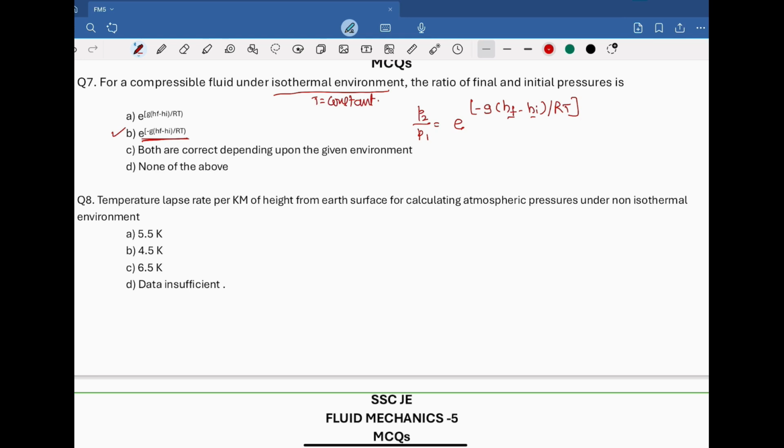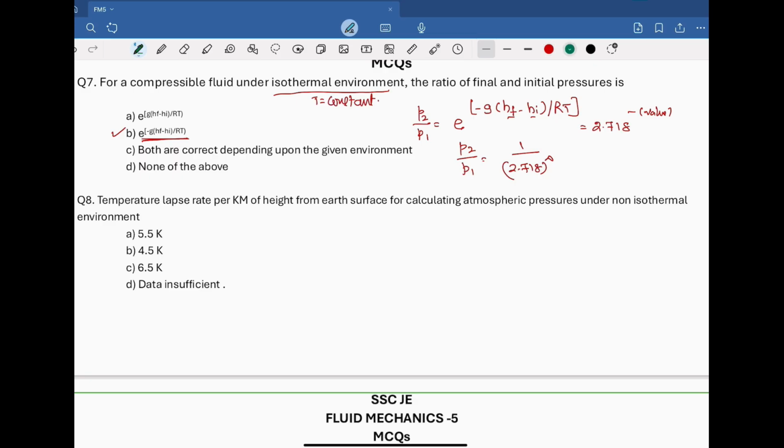With height, e is 2.718, 2.718 to the power of minus some negative value. That becomes P2 by P1 is equal to 1 by 2.718 to the power of some value, g is 9.81 divided by RT something.